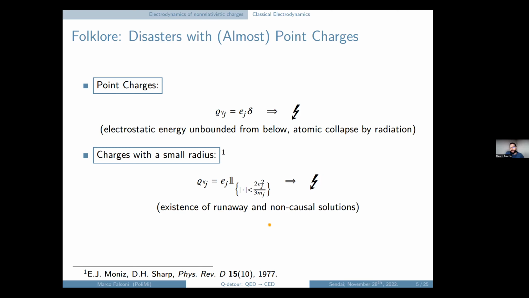Another non-physical behavior is that we have solutions that are called non-causal: solutions where, even if we turn on the electromagnetic field only at a certain moment in time, the particle starts to accelerate before the electromagnetic field is turned on, feeling the field in a non-causal way. This is due to the fact that one can write effective equations for the particles that involve the third derivative of the position of the particle.